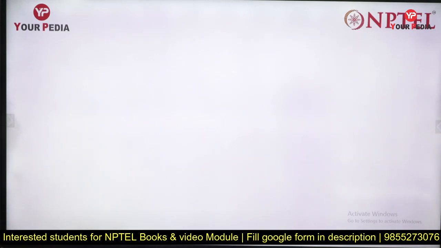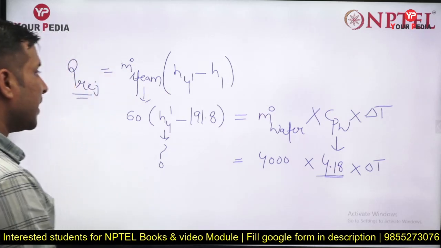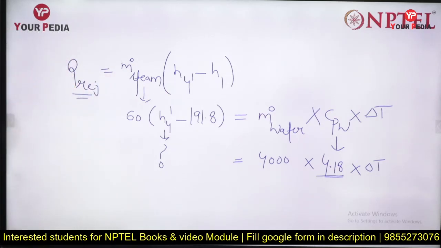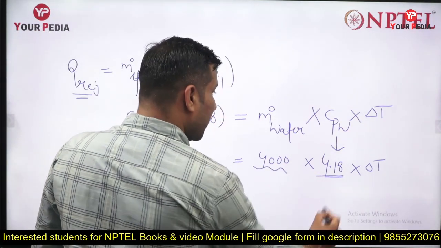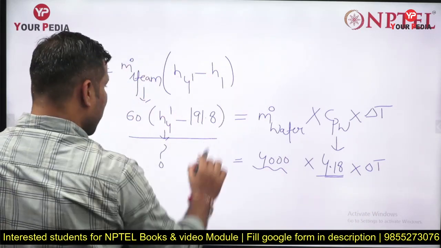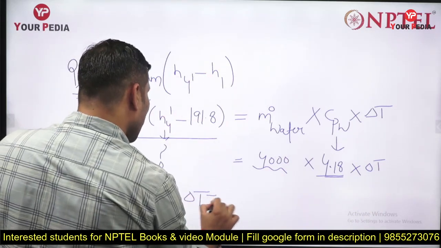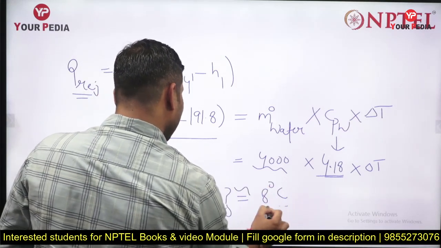Very good question, because we are getting an idea of so many concepts related to the Rankine cycle: how to evaluate the pump work, turbine work, isentropic efficiencies, all those things. So practice is important. This is given to us as 4000 kg per second, and the rest is also known to us. So using this energy balance equation, you will get the change in temperature of the water, and this will come out close to 8 degrees Celsius, guys.